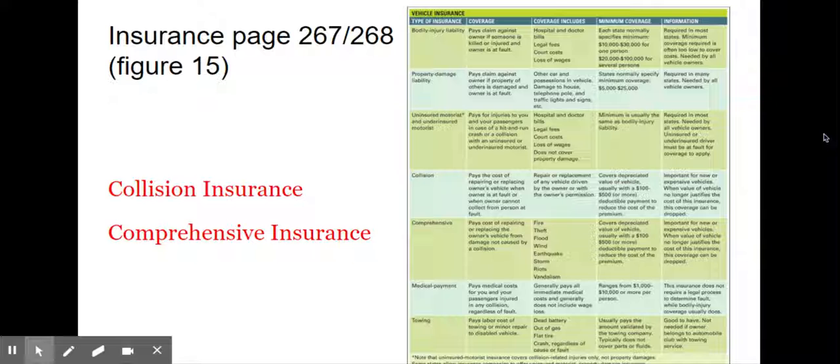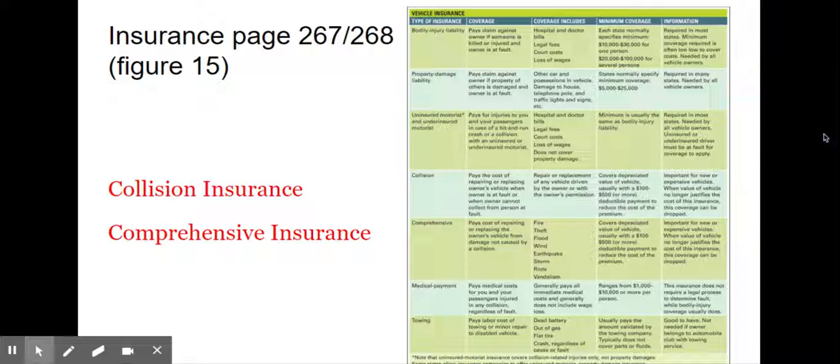So I always think of comprehensive as all encompassing. So a tree falls on your car. Someone breaks into your car. Now, if someone breaks into your car in your driveway, in your garage, that's not going to be your comprehensive. You know what that's going to be? Your homeowner's insurance.